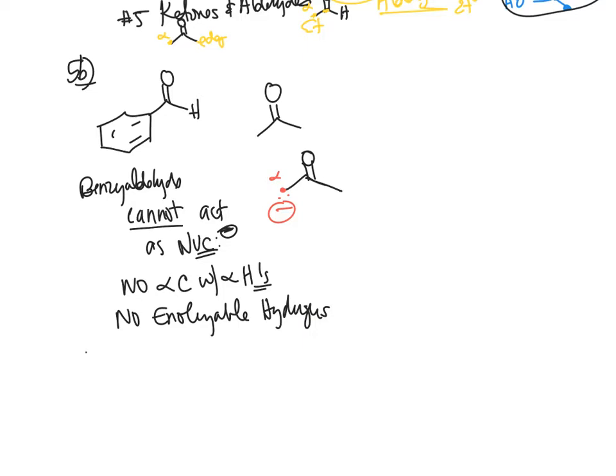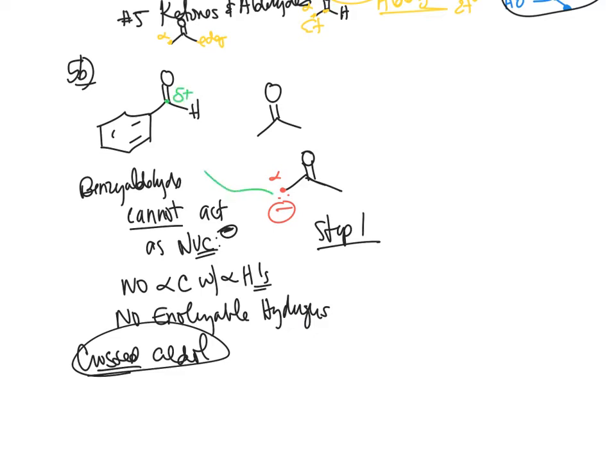You do want to get this in your notes. This is an example of a crossed Aldol reaction. Okay, this is called crossed Aldol reaction. And you make your enolate here. That's step 1. And then step 2, this will attack the electrophile here, which will be your new beta. Draw your enolate here.